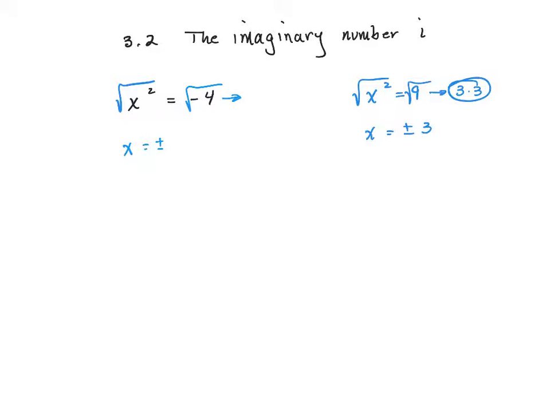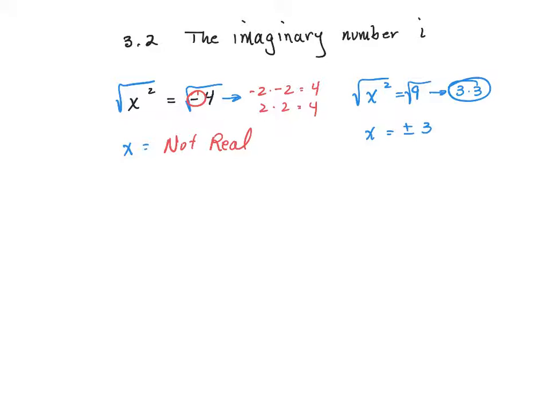If it was -2 times -2, well, that's +4, so that wouldn't work. And if it's 2 times 2, that's +4. So we always said that for the square root of a negative number, we would just say can't do it, that's not real. So we had no solution to that problem.